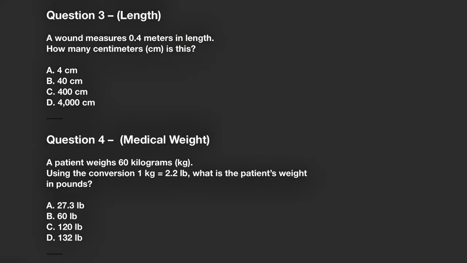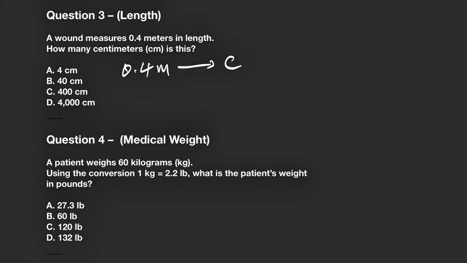A wound measures 0.4 meters in length. How many centimeters is this? This is very easy. We are moving from meters to centimeters. Meters is the base unit, so we are moving from big to small, so we are multiplying.